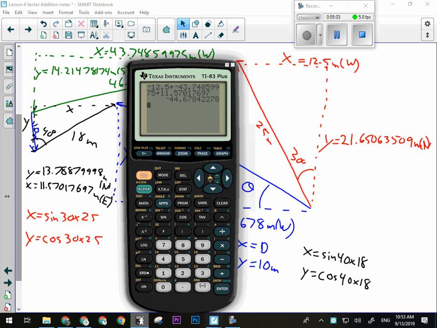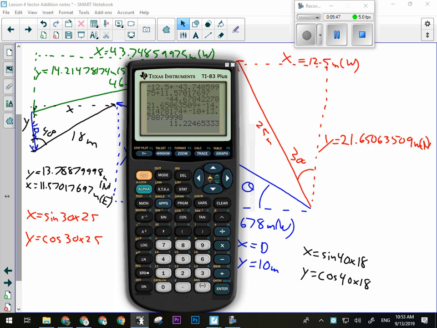So I'll have 21.65063509 plus negative 14.21478174 plus negative 10 because we've got the south there, and then plus the 13.78879998 here.